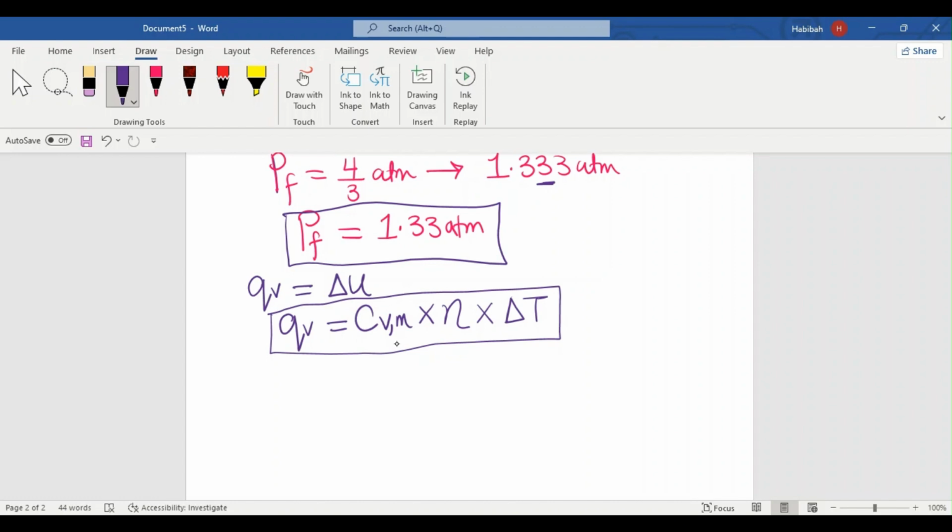So the molar heat capacity times the number of moles times the change in temperature is going to give us the heat at constant volume. All we have to do now is input all of the information into the equation.